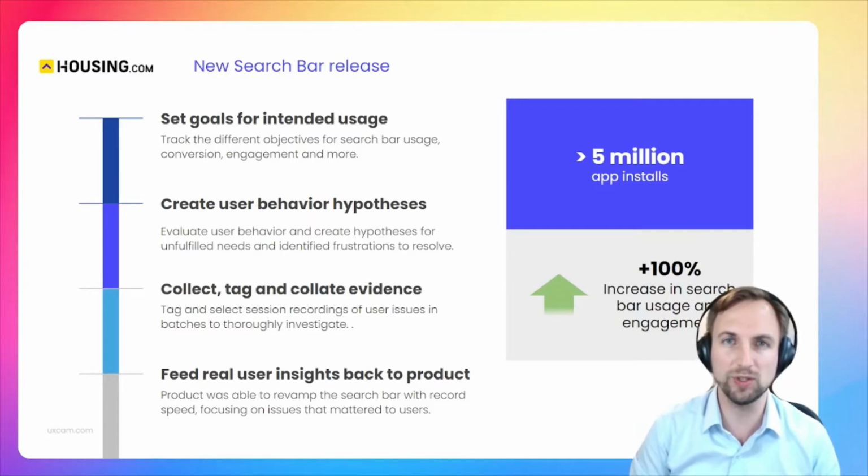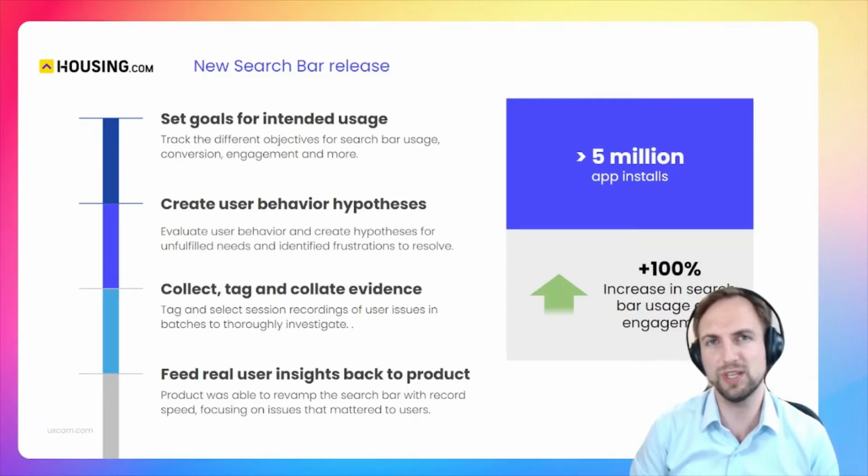Now, I have to mention, Housing.com had tried this before with user research in a lab, but they had never been able to successfully understand what was really frustrating their users. They believed it was biased. And this actually led the product team to disregard a lot of that research.